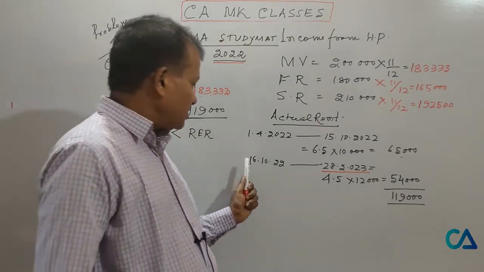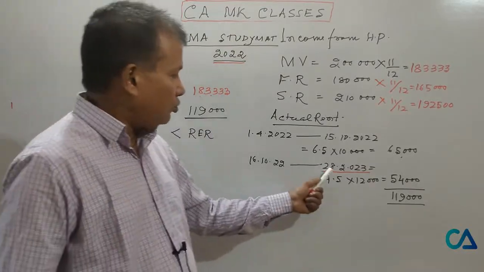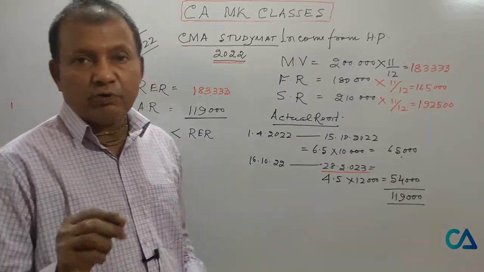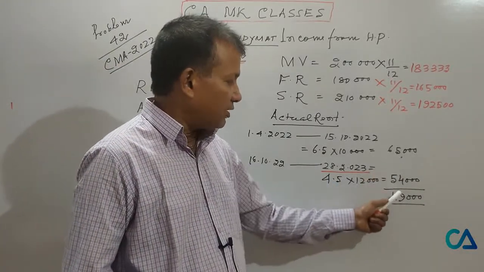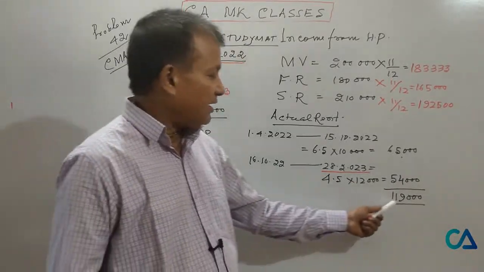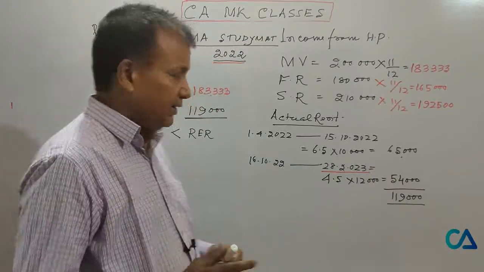Again, from 16/10/2022 to 28/2/2023, it is 4.5 months and 54,000. So the total comes to 1,19,000. This is your actual rent.